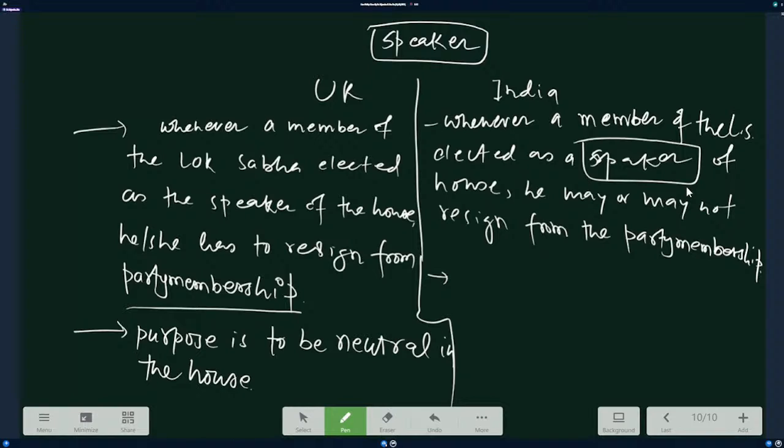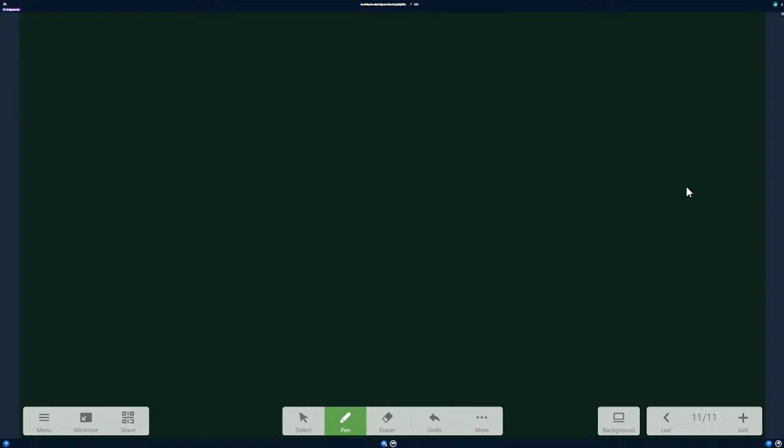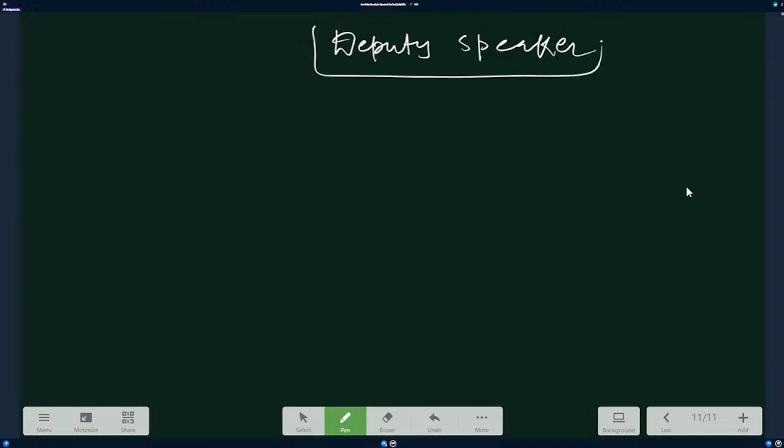Now let me talk about the deputy speaker. In name he is deputy, but his power is equal. You can write: deputy speaker is not subordinate to the speaker. First line, it will work in your PT.